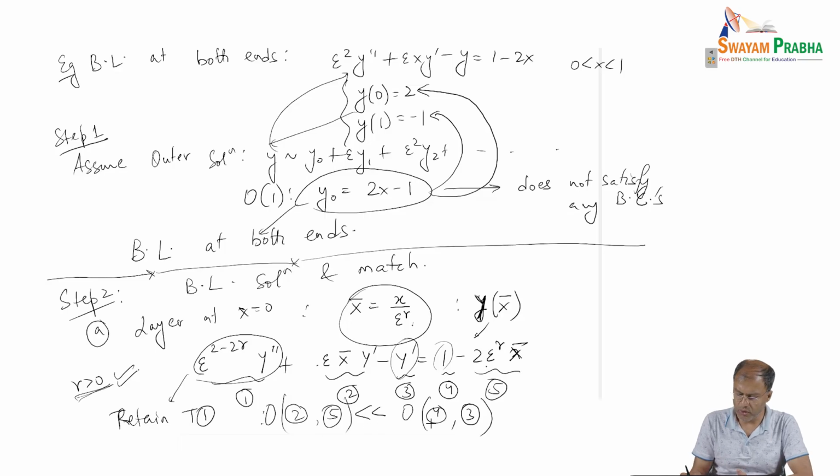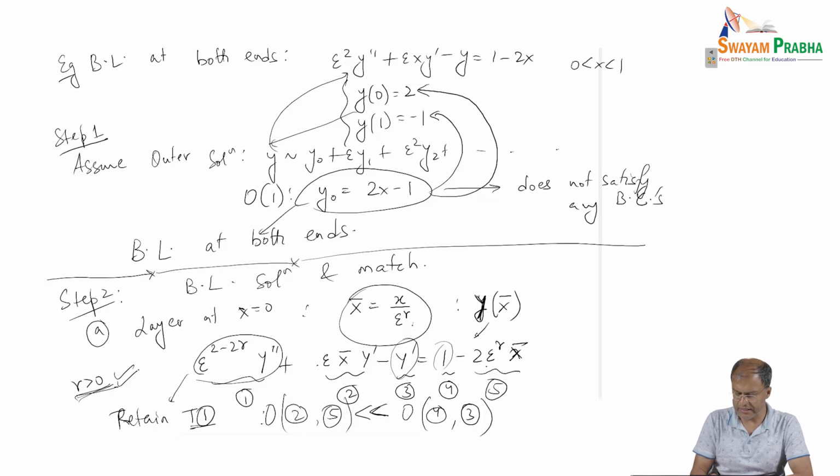So both term number 2 and 5 are of order much lower than term number 3 and 4, because gamma is greater than 0. So that is true because gamma is greater than 0.